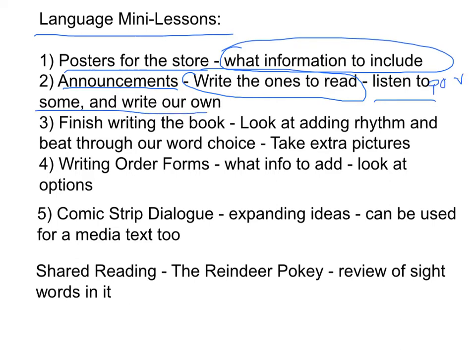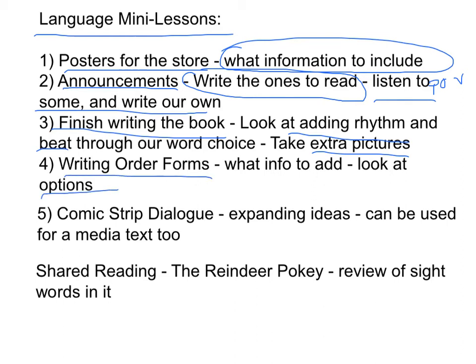And then we also have to finish writing the book. Because the first page was done with a lot of rhythm and beat through the word choice, I'd really like to look at that idea as well, and then see if there are any additional pictures that we want to take. And also the idea of doing the writing order form.